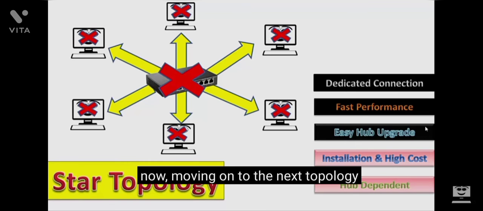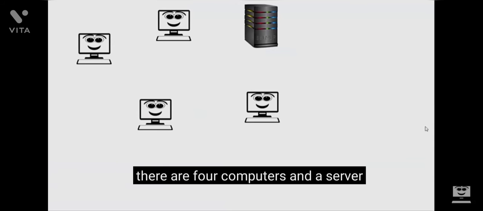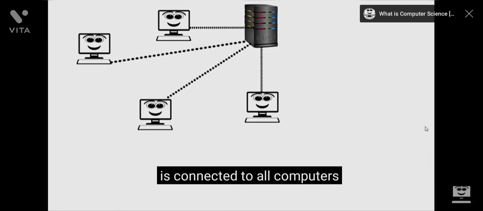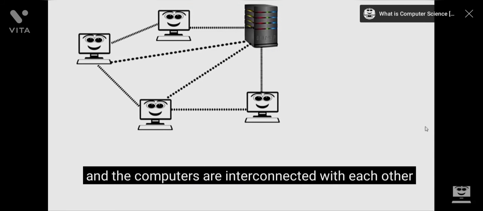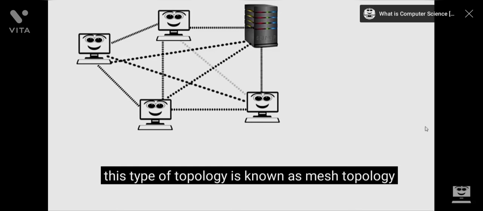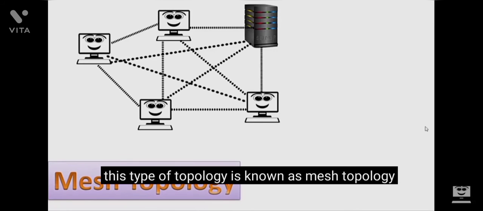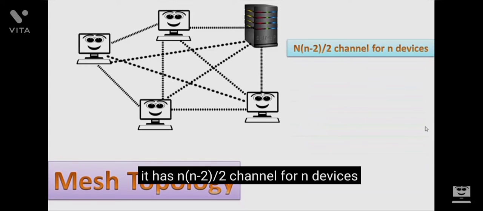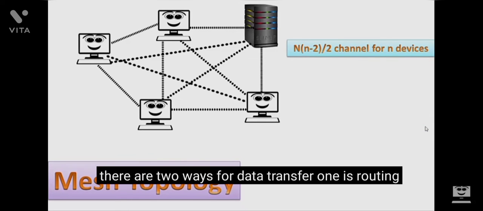Now, moving on to the next topology, there are 4 computers and a server, and the server is connected to all computers, and the computers are interconnected with each other. This type of topology is known as mesh topology. In this topology, it has n(n-1)/2 channels for n devices. There are 2 ways of data transfer. One is routing.